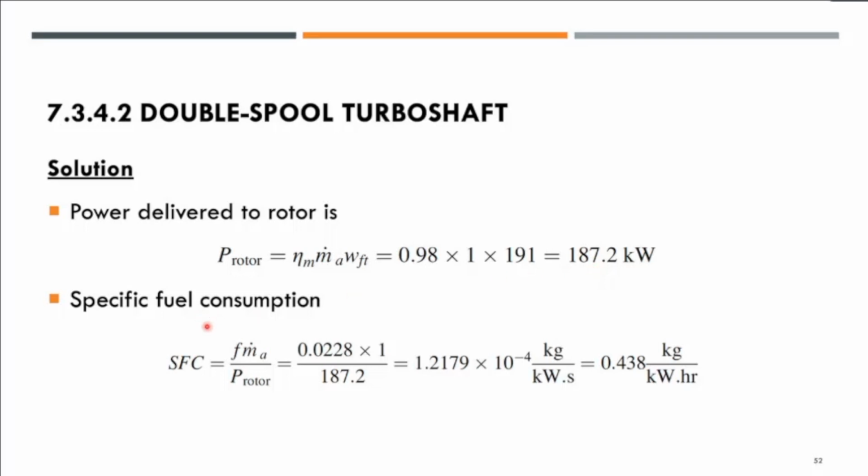Meanwhile, for the specific fuel consumption, since you already calculated the fuel air ratio, you have the power to the rotor and the mass flow rate 1 kilogram per second, so you will obtain the specific fuel consumption for this Bell helicopter of 0.438 kilogram per kilowatt hour.